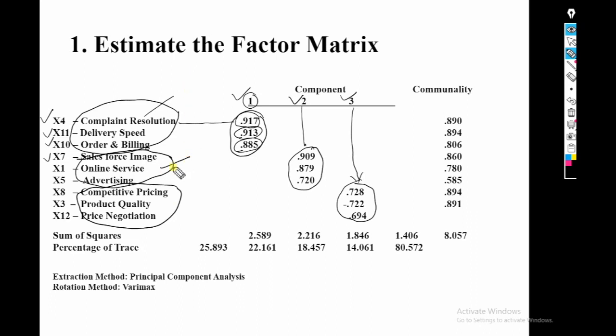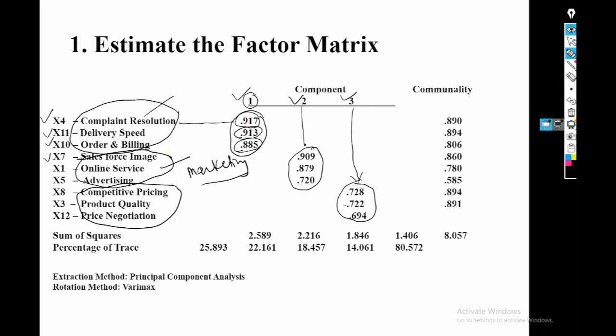For example, if the three questions are online service, salesforce image, and advertising, these three variables are telling about marketing. So you can give a name related to marketing. It's the researcher's choice to summarize the data.